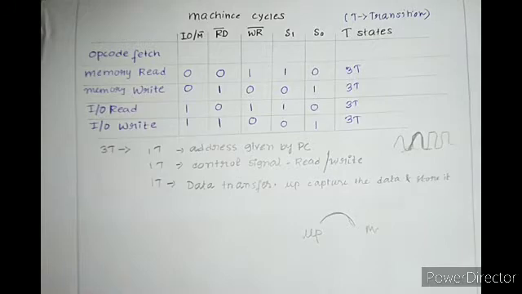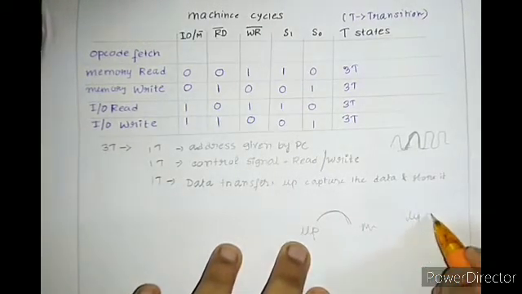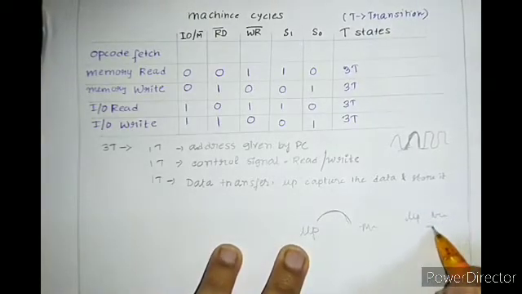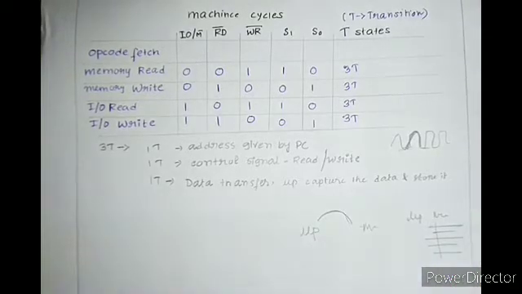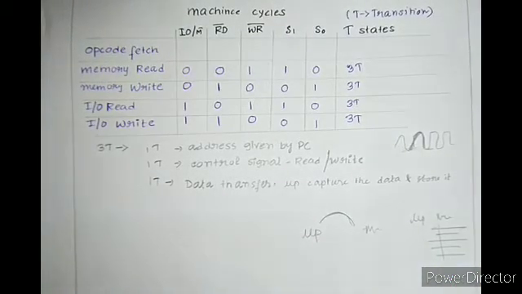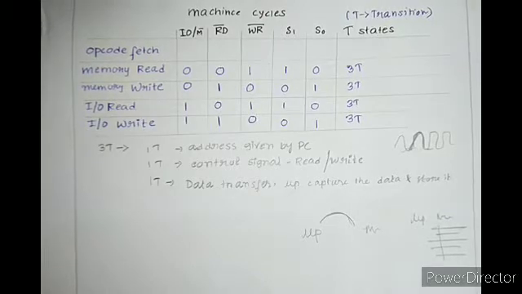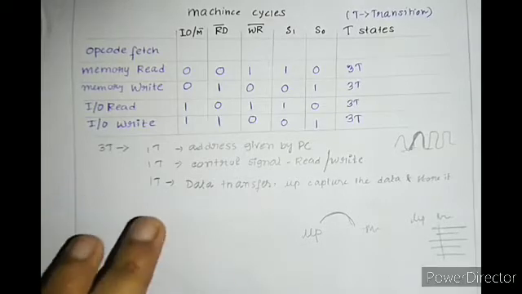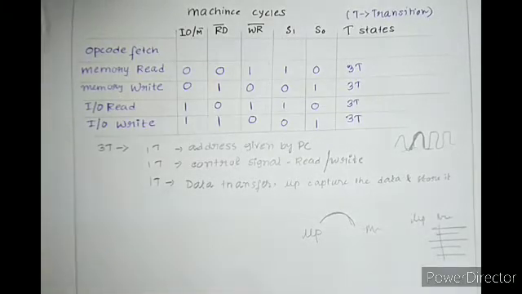First of all, we know that this is your MUP, this is your memory. Within the memory there are 64 KB of memory, so there are 65,536 or so memory locations. So the first T state is when the address is given by the PC.